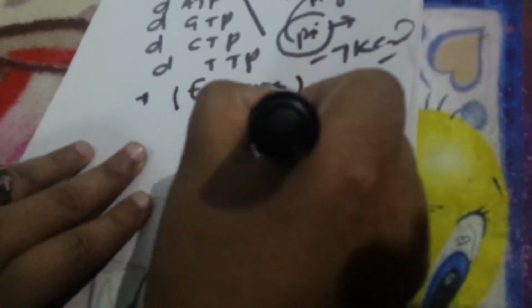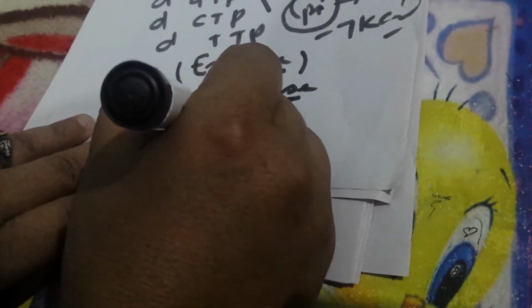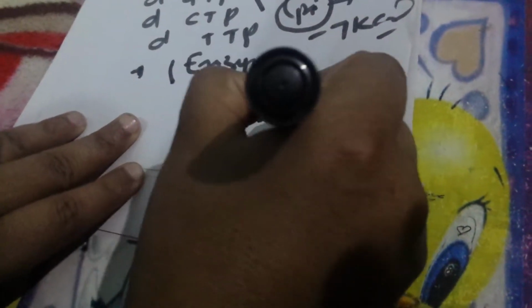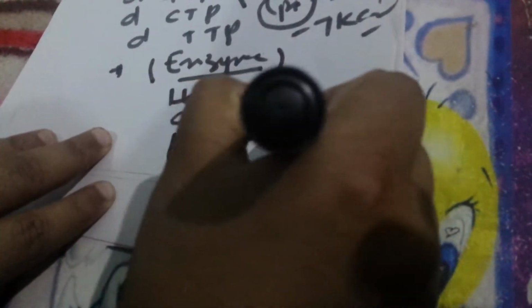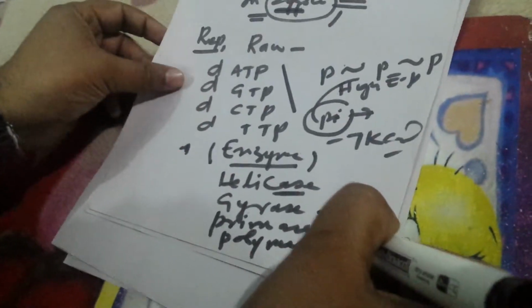For example, Helicase, Primase, and DNA polymerase, which has an enormous role. The last one, but not the least, is ligase, which joins the Okazaki fragments, because they were introduced by Okazaki. So these are enzymes which have a role.